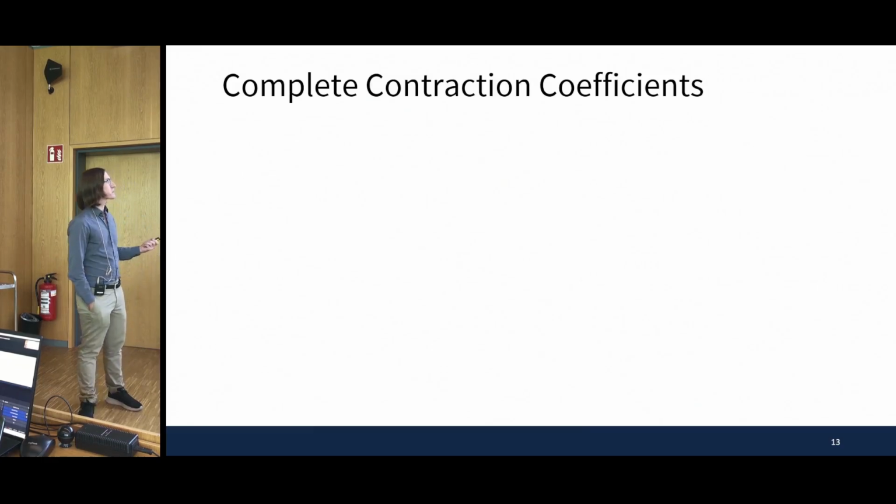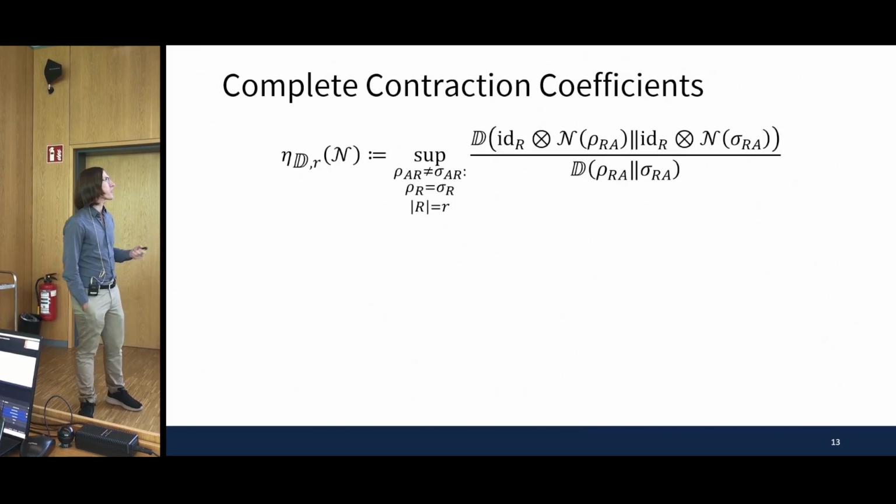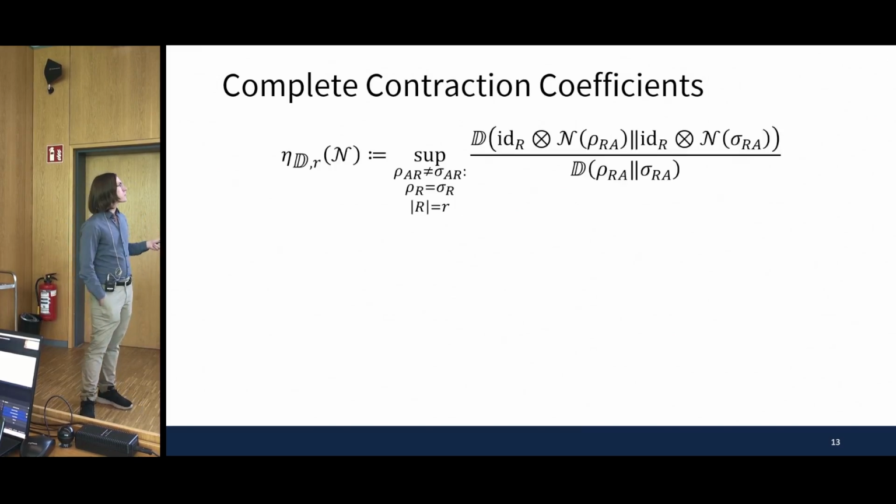So what is a complete contraction coefficient? Let's start by defining them for a fixed R. So here, instead of just considering two arbitrary inputs on the space of the channel, which is what we saw at the beginning of the talk, we now have a reference system. The only thing is we have to require that the reference systems have a fixed marginal.